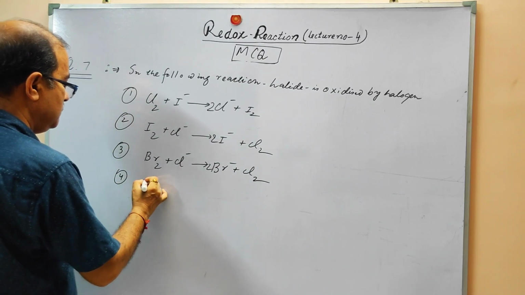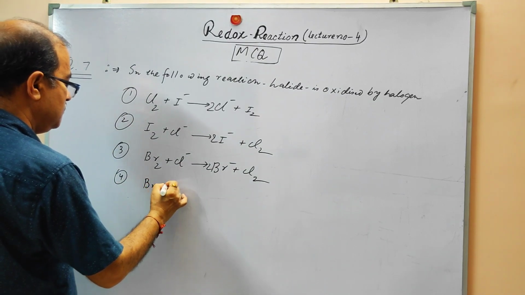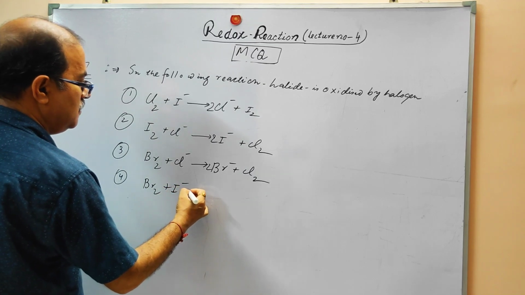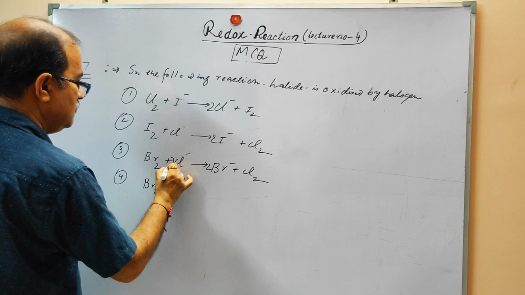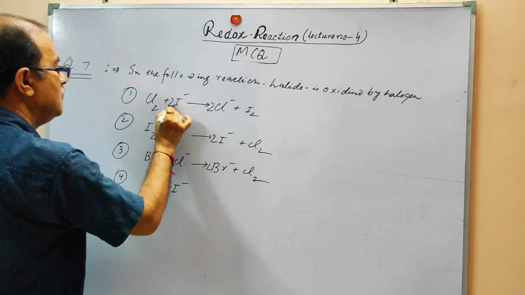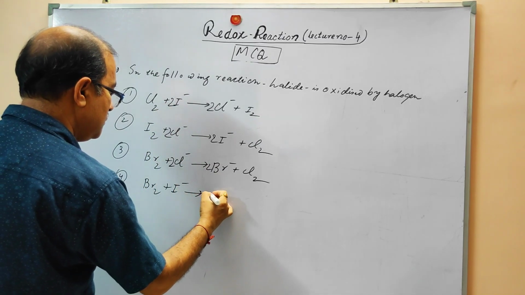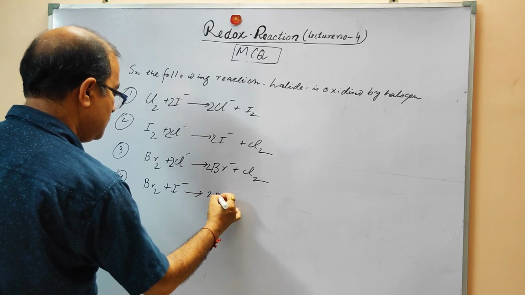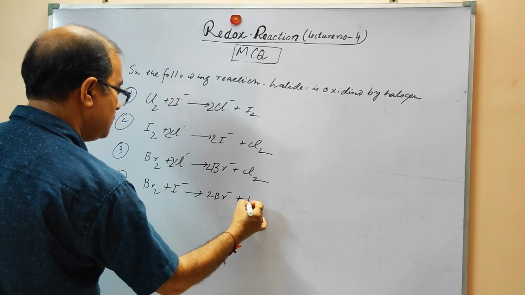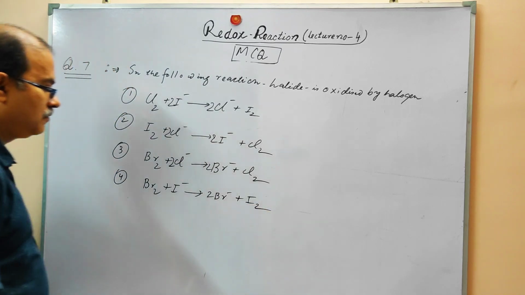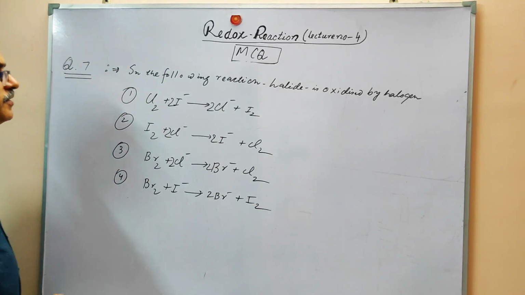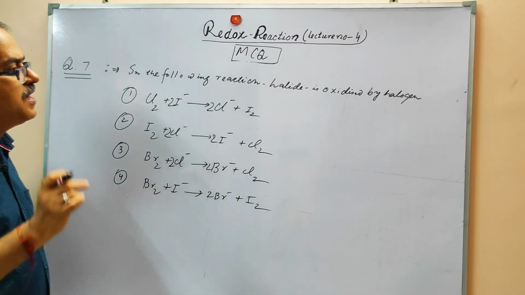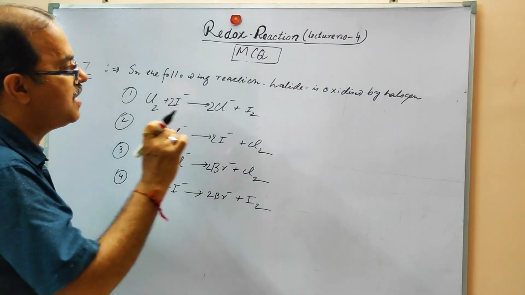The fourth option is Br2 plus I minus gives something. So among these following reactions, you have to say in which reaction the halide has been oxidized by the halogen.